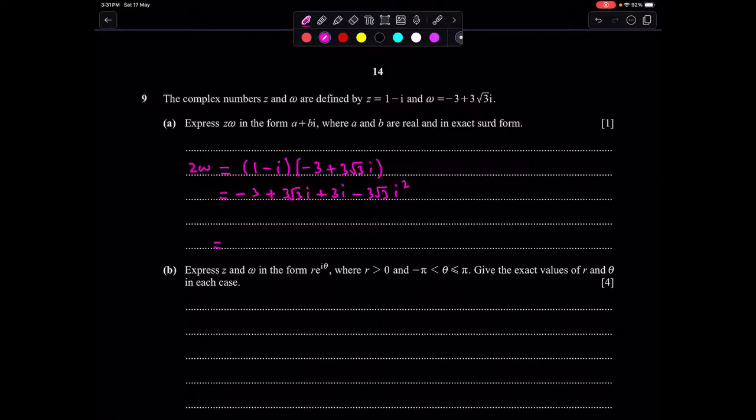So we have minus 3, and this will become plus 3 root 3 because I square is minus 1. So plus 3 root 3, and take I common from these two. So we have 3 plus 3 root 3 I. That's it.